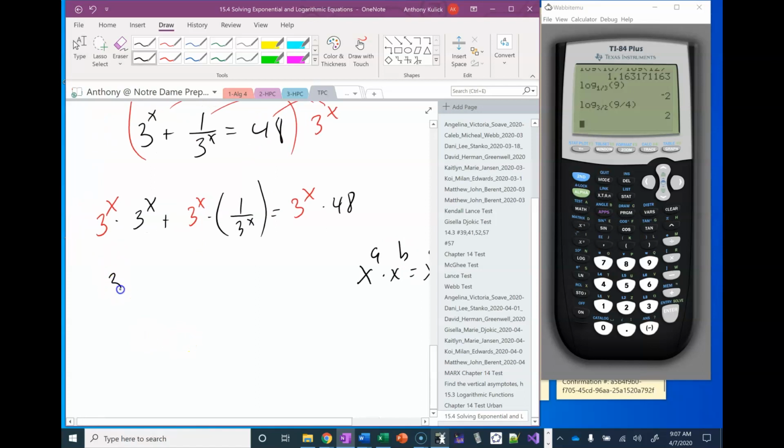So here we're going to have 3 to the x plus x, or really just 3 to the 2x. 3 to the x times 1 over 3 to the x is just 1, right? Those guys cancel. And then 3 to the x times 48. Those are not like terms because the exponents aren't the same or the bases aren't the same, so there's no way to multiply these together. So I'm just going to write it this way.